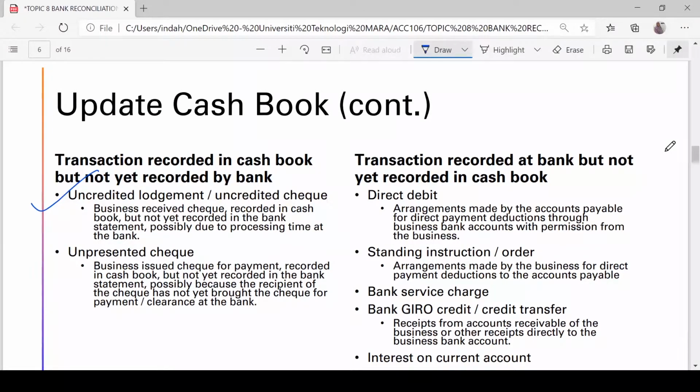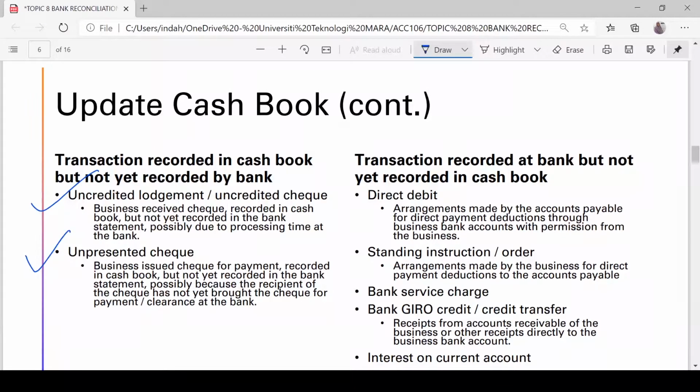And next is the unpresented check. This is where the business issued a check for any payment. Let's say, for example, the business issued a check for payment to a supplier. So what happened? When you issue the check, you record that item in the cash book.